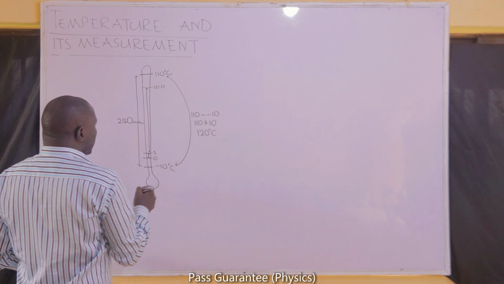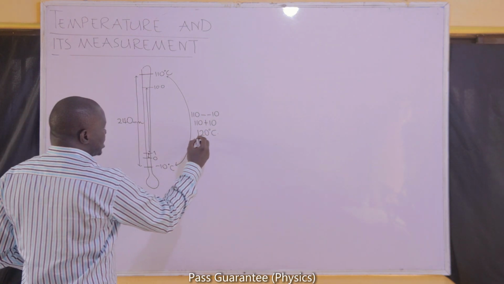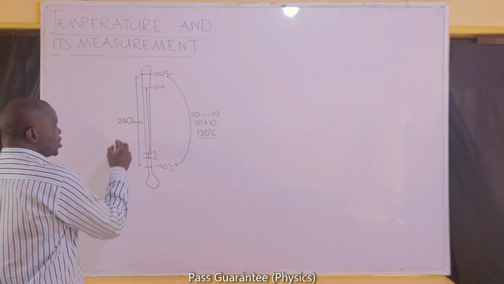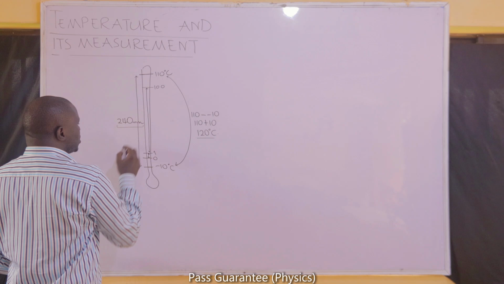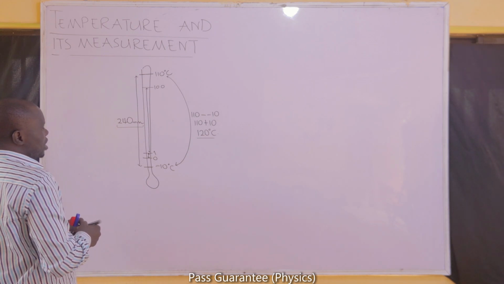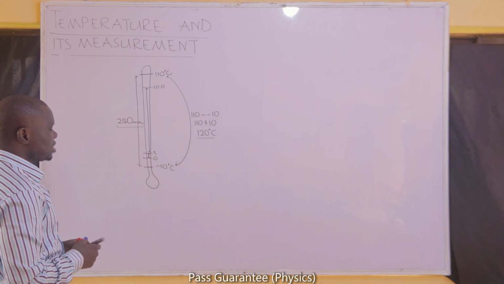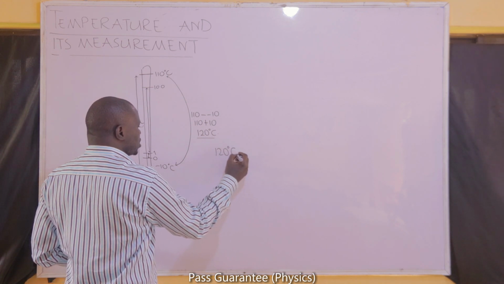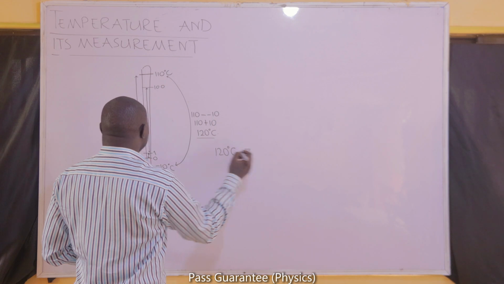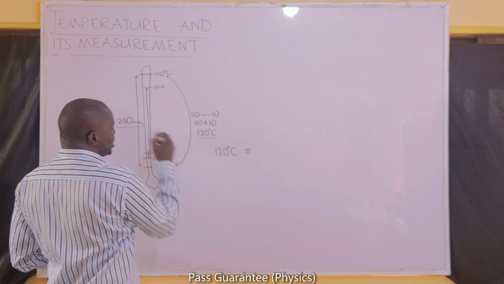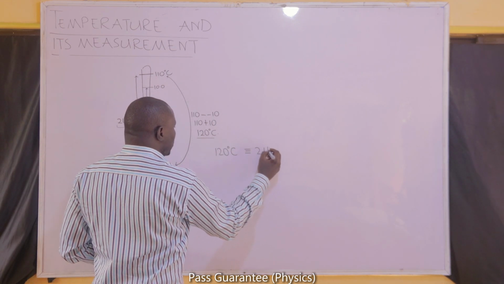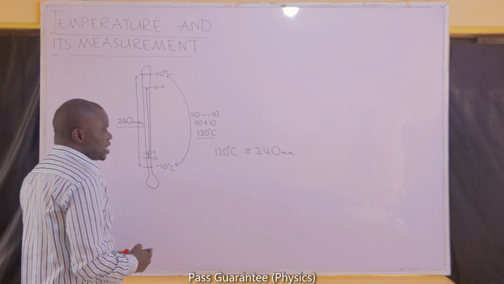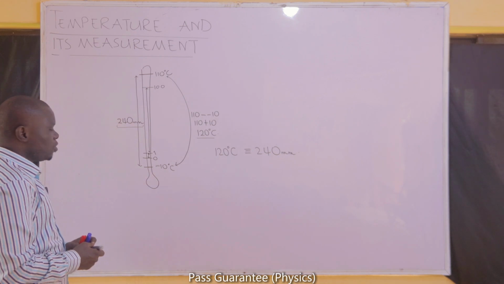So a change in temperature of 120 degrees Celsius gives a rise in the mercury thread of 240 millimeters, or corresponds to a change in length of 240 millimeters.